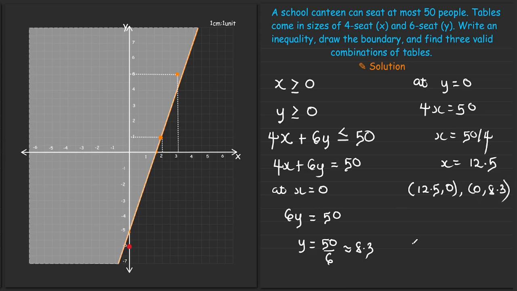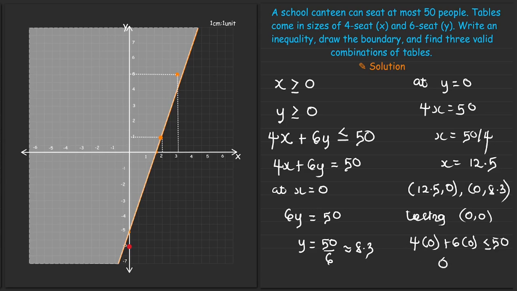So let's go to our graph. But right before that, we can as well test for the feasible region with 0, 0. So testing with our origin, that is 0, 0, we are testing it with the capacity inequality. So we have 4 times 0 plus 6 times 0, which is less than or equal to 50.